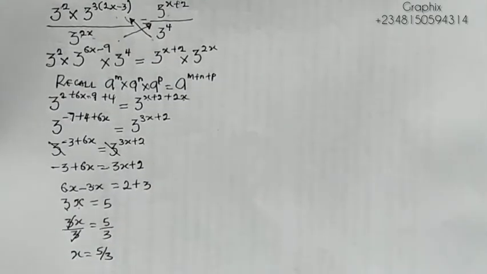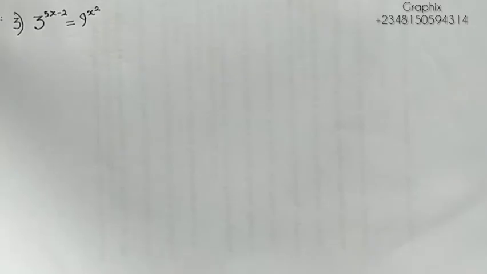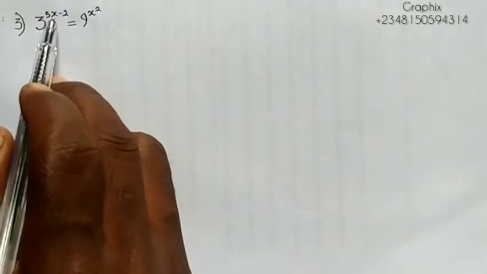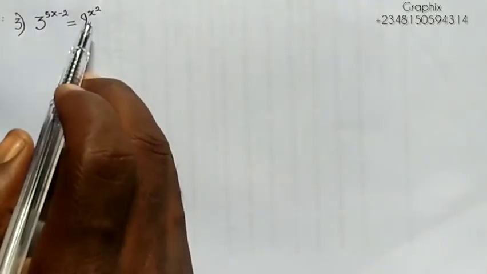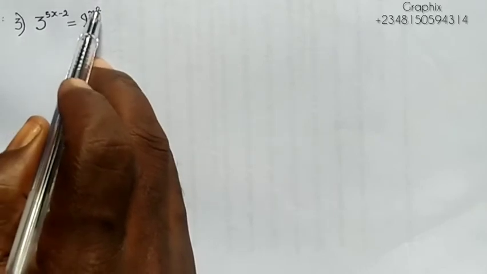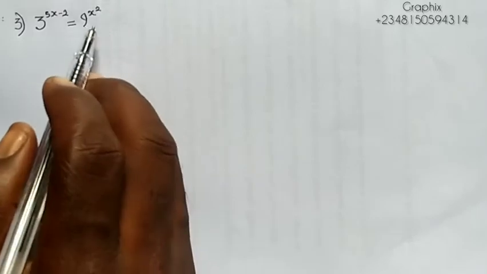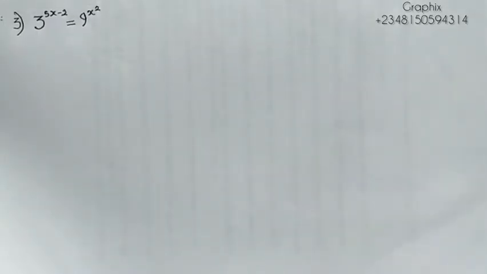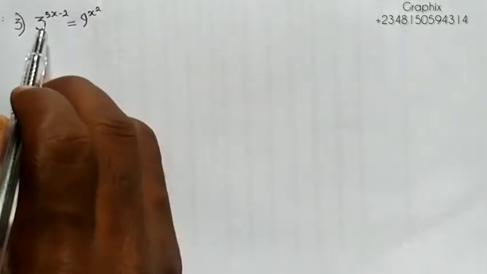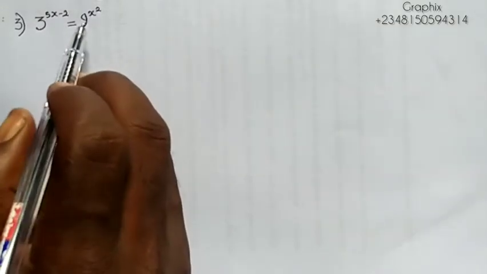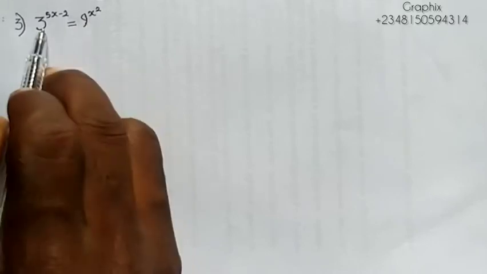So the next one is 3 to the power of 5x minus 2 equals 9 to the power of x squared. Now from here, if you recall, this 3 can go into 9, so I can write 9 as a number in base 3.